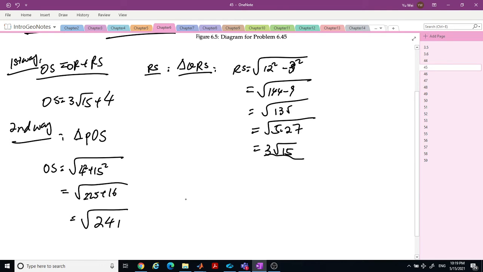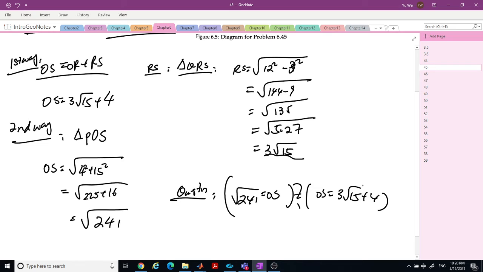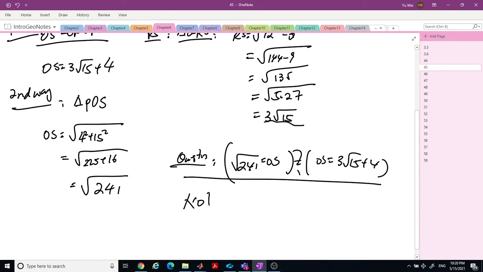So the question is, now we have two ways. Now the question is, does the first OS equal the second OS? You can go check it. Of course it's not. That's why this diagram is wrong.